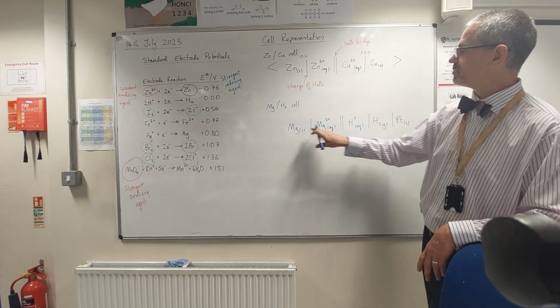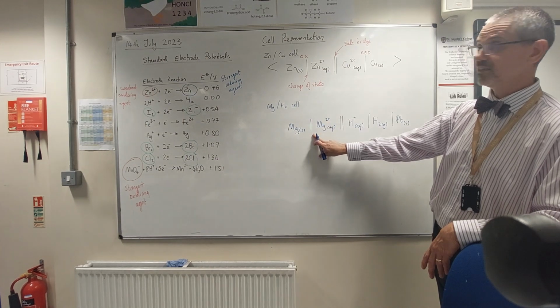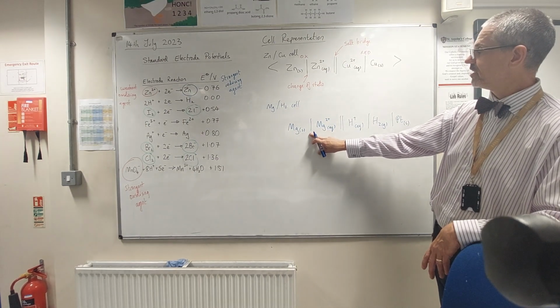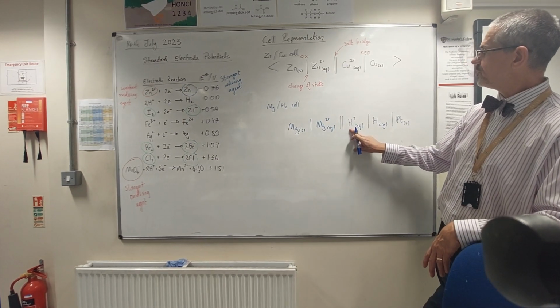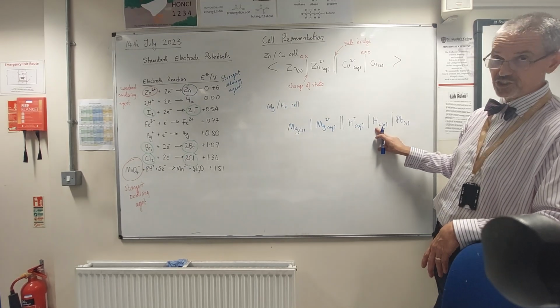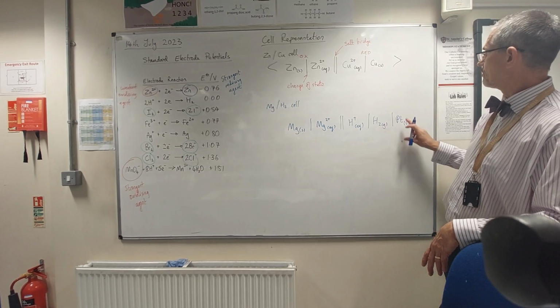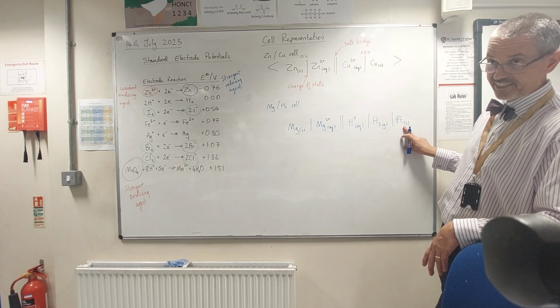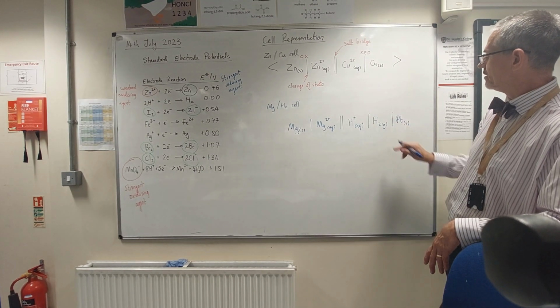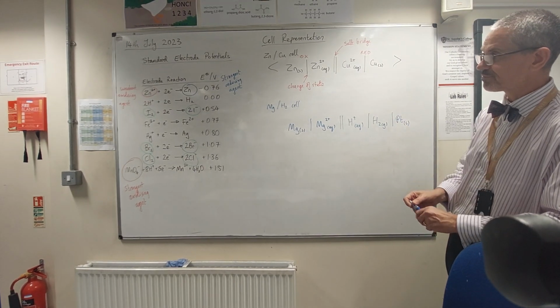So magnesium is being oxidized to magnesium ions, separated by a vertical line. Salt bridge, hydrogen ions are being reduced to H2 gas. Platinum is carrying the electricity, so we have a straight line separating those two.